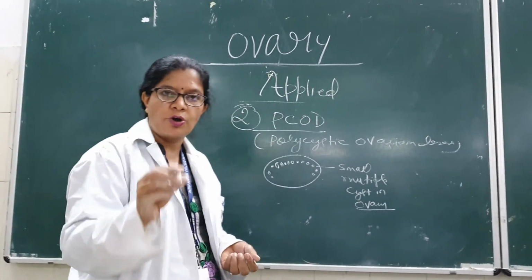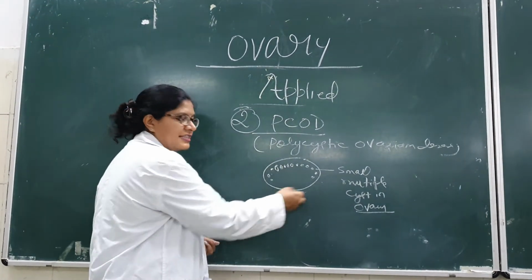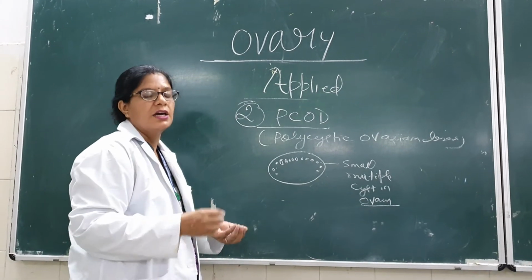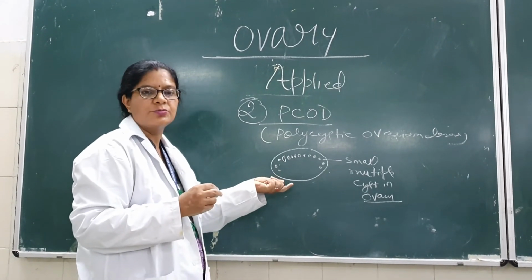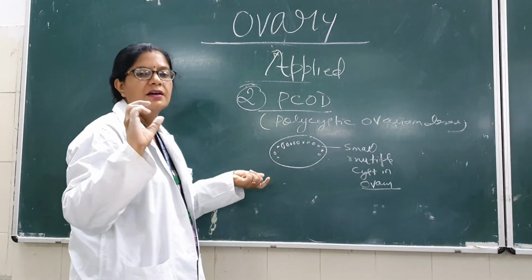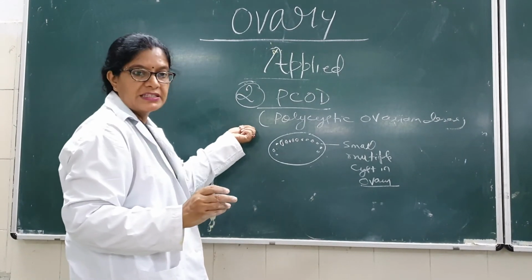That is the normal process, but here in the polycystic ovary, multiple small cysts in a necklace-like arrangement can be seen. So this is the PCOD.